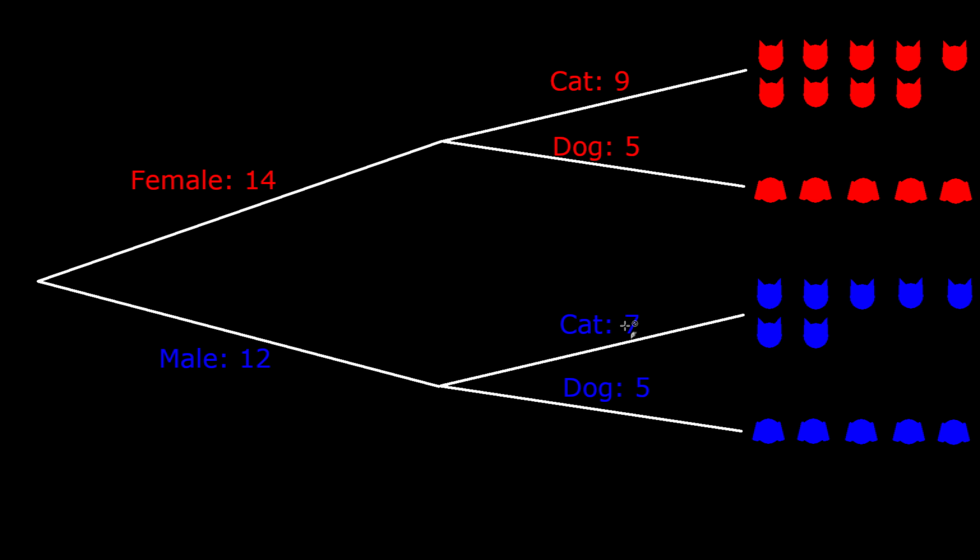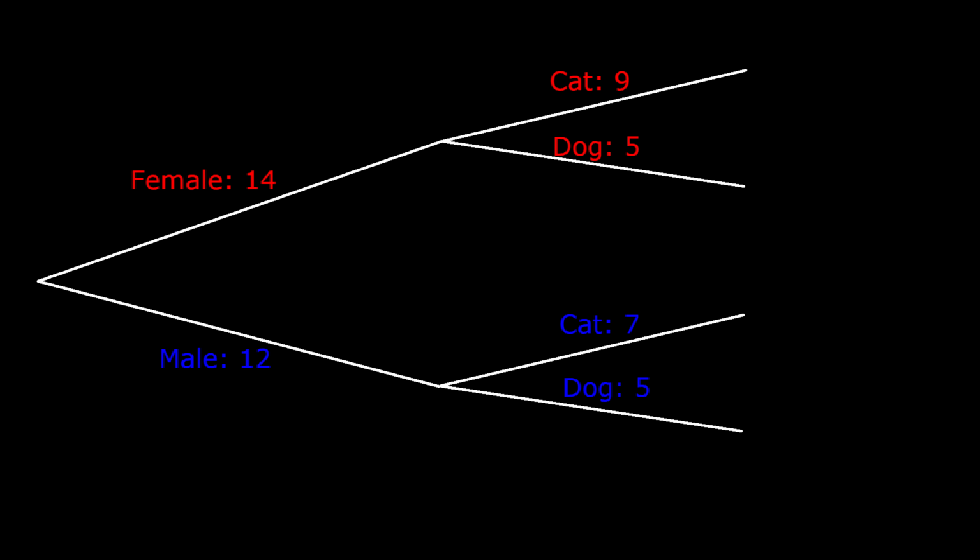A common mistake is when people are asked how many students are in this. Let me get rid of the cats and dogs. So some people try to say that there are 14 plus 12 plus 9 plus 5 plus 7 plus 5 total people here. This gives me a total of 52 when I add it up.